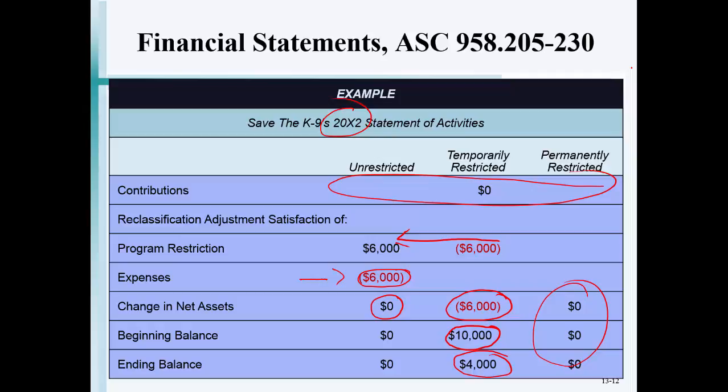And if you've spent some money, because they're going to have to show that they spent that money, then there's going to have to be something that justifies this reclassification out of the temporary restricted and into the unrestricted. And so there would be some look to see that was that money spent for the purposes that the donor specified. Because if they've reclassed it, they're claiming that they've done what? That they've met the restriction, right? So in order to justify that reclassification, the auditor would look to see that that money indeed was spent for whatever the purposes of the donation were.